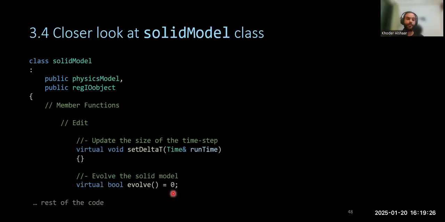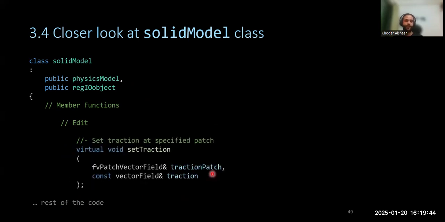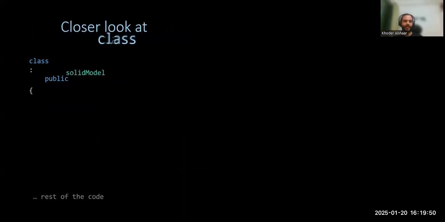It has its own member functions, as we said, the set delta t and evolve. Notice here that evolve is a pure virtual function, which means that the implementation of this function will be in the derived class. Before that, sorry, we have another important function, which is the set traction, that we'll also talk about in the coming slides.